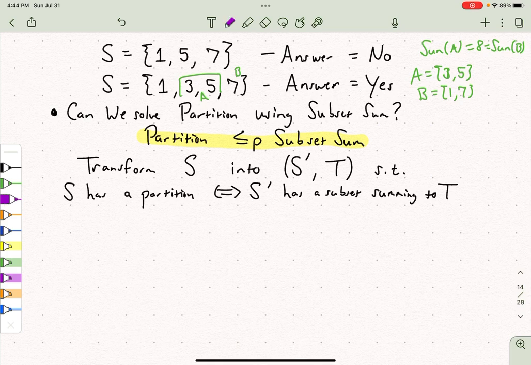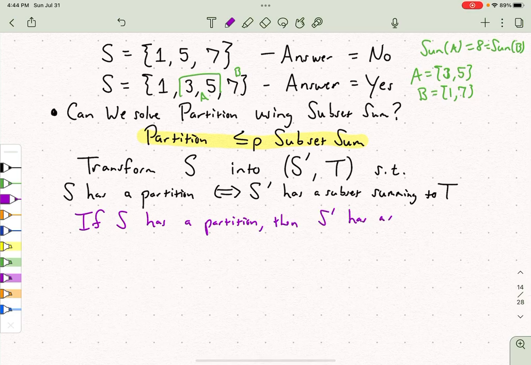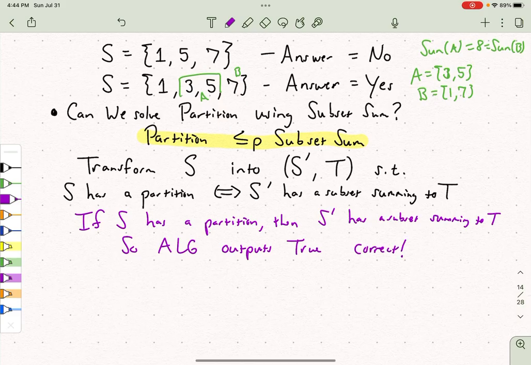So just to say that in words, if S has a partition, then S prime has a subset summing to t. And so the reduction algorithm outputs true, which is correct. It outputs true because remember the output of the reduction is just the output of whatever the answer is to the subset sum subproblem. So in that case, we're correct.